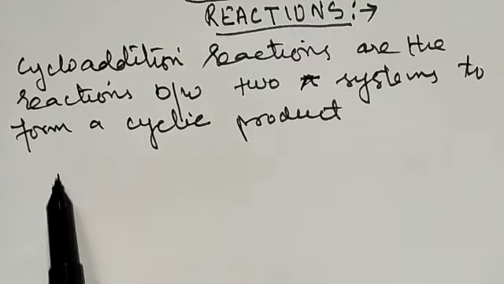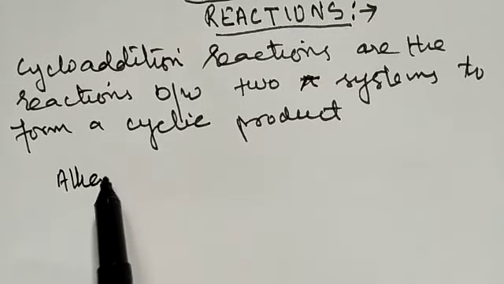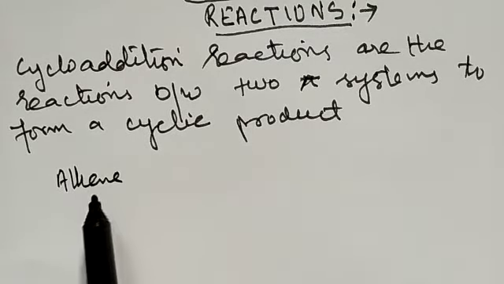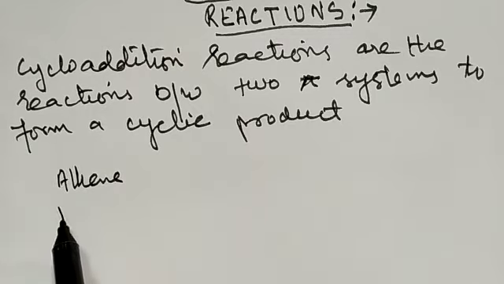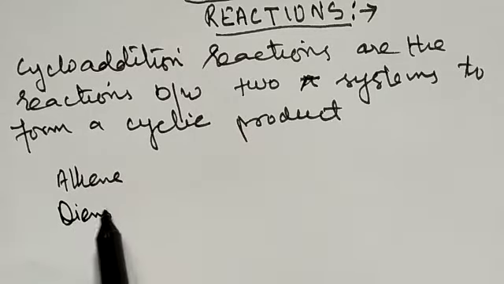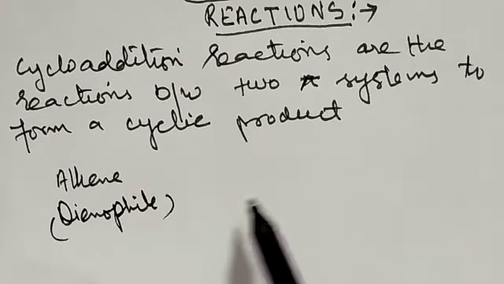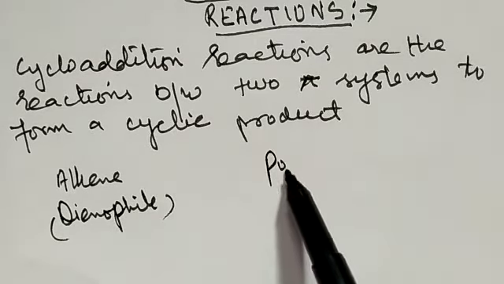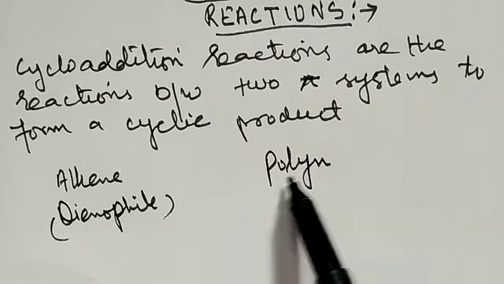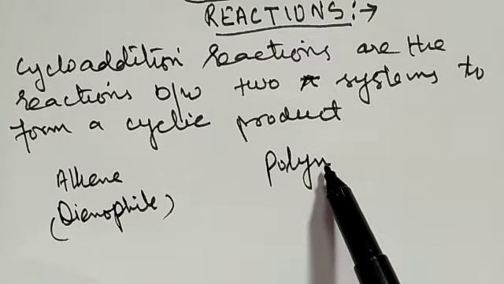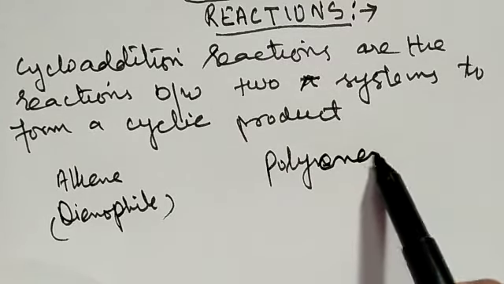One is alkene. We can say that alkene is the dienophile, right? And the other is polyene, right?